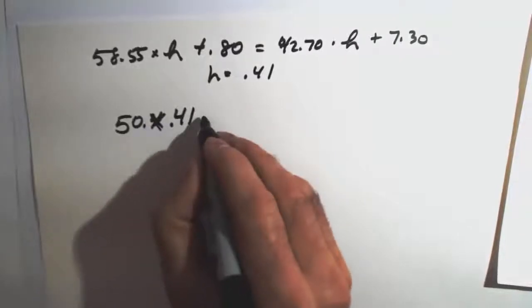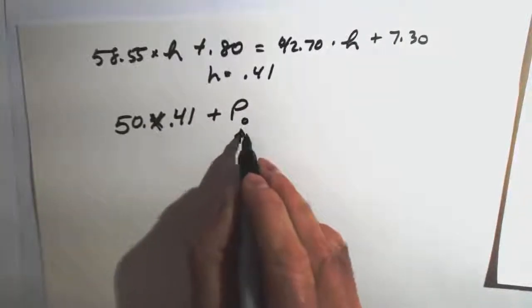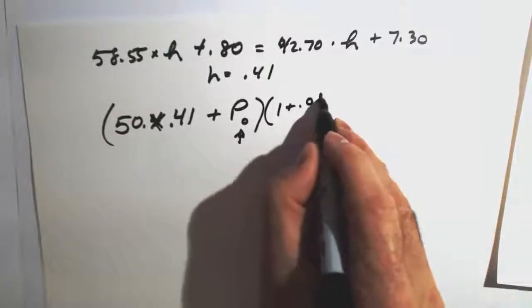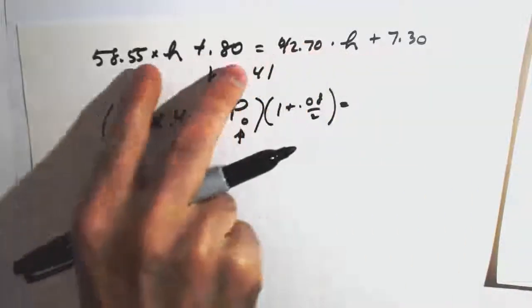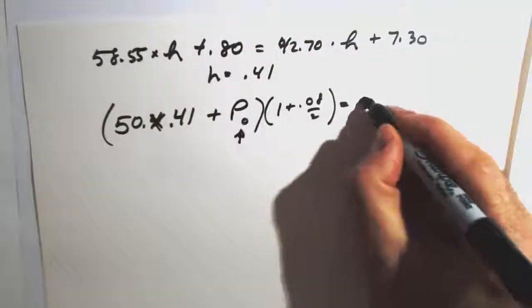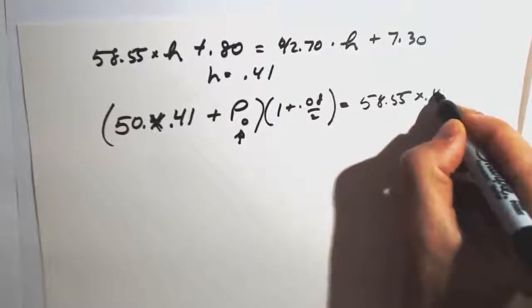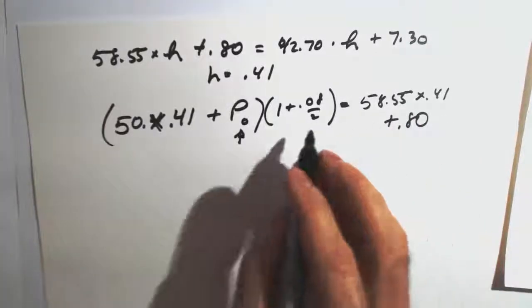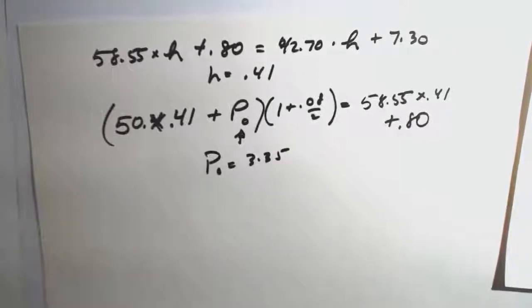That's a times, plus P subscript 0. That's what we're solving for. This has to grow at the risk-free rate. And it's going to equal the same thing, whether it's this side or this side. I'll pick the upside, 58.55 times 0.41 plus 80 cents. Solve this out, and the put is worth 3.35.